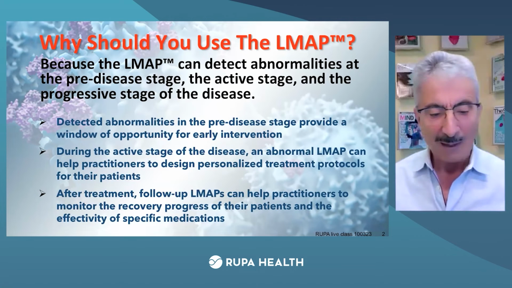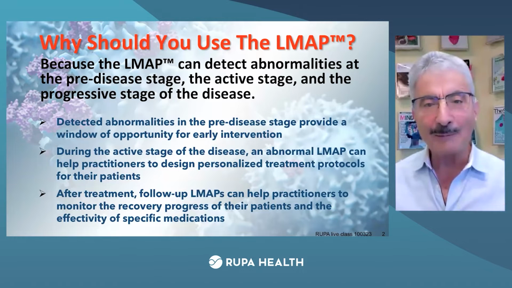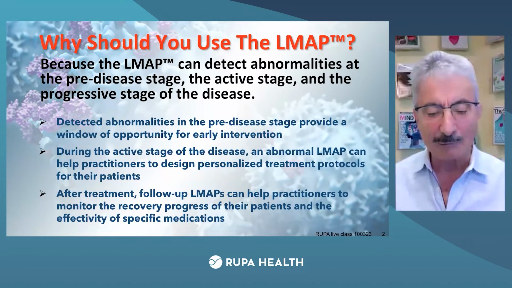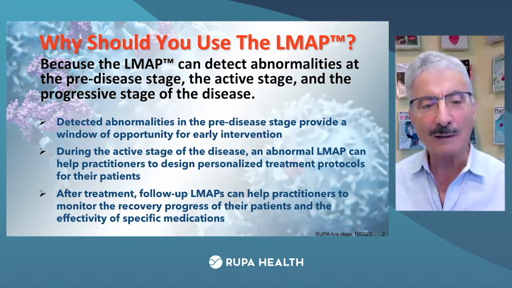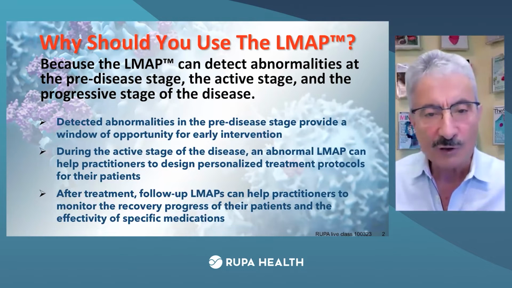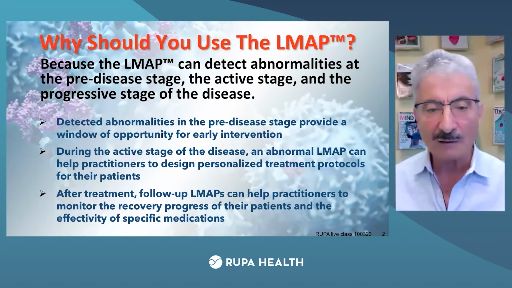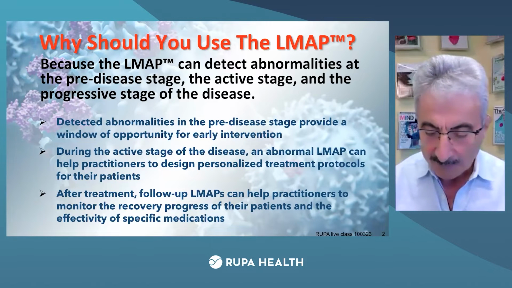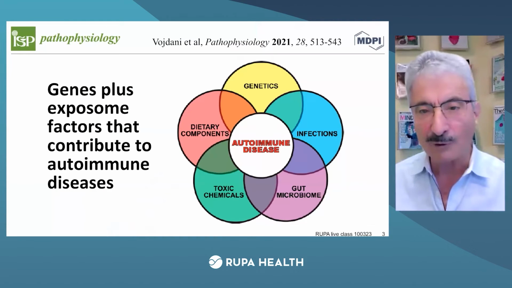And finally, after treatment, follow-up LMAP can help practitioners to monitor the recovery and progress of their patients, whether or not the treatment, nutritional medicine, or classical drugs could help the patient to improve the clinical symptomatology. So those are the most important parts of our class today.